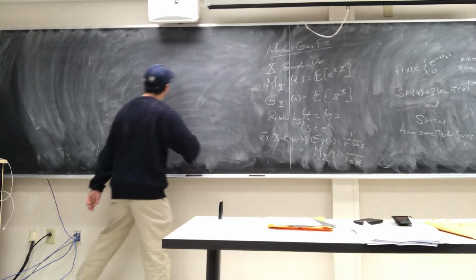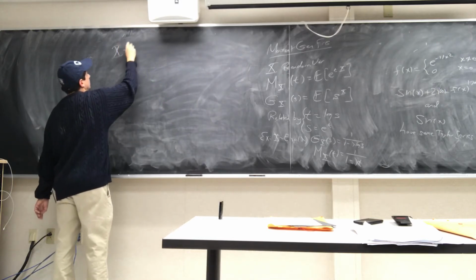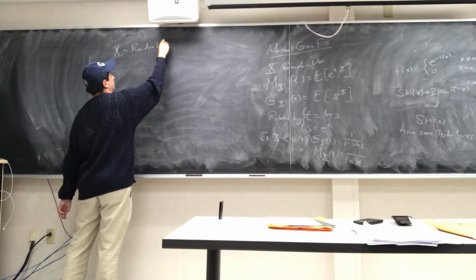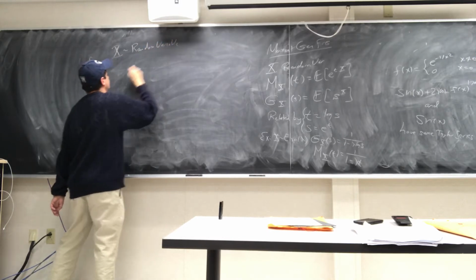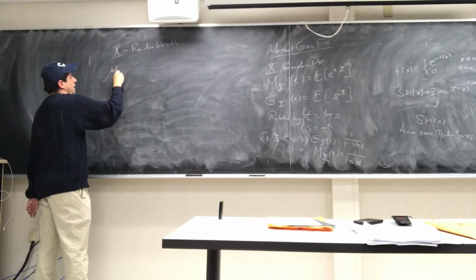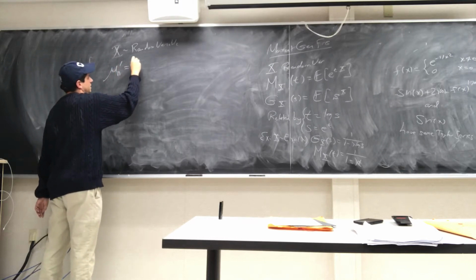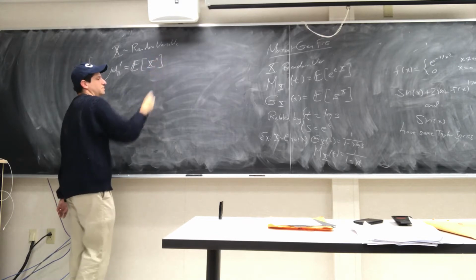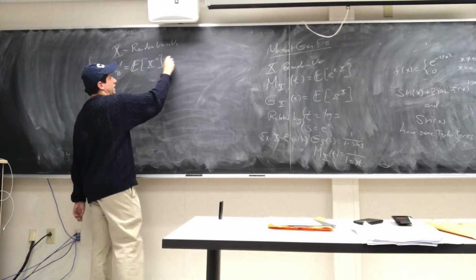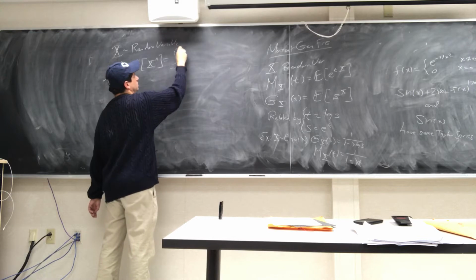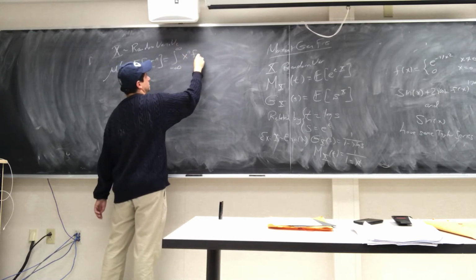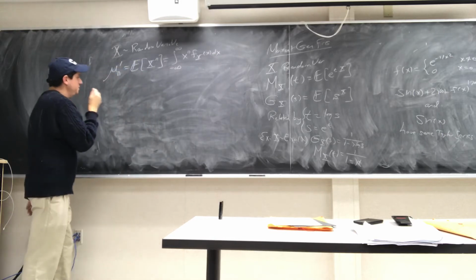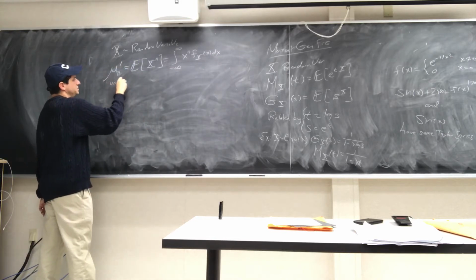So if I give you a random variable, mu n prime is the expected value of x to the n. And this will just be the integral of x to the n times the density. These are the uncentered moments.